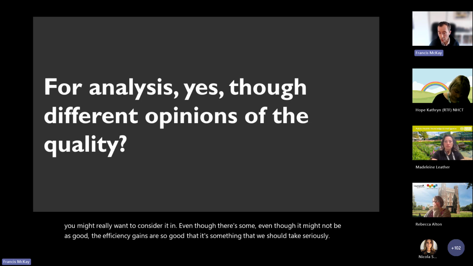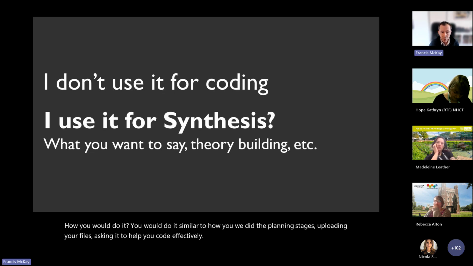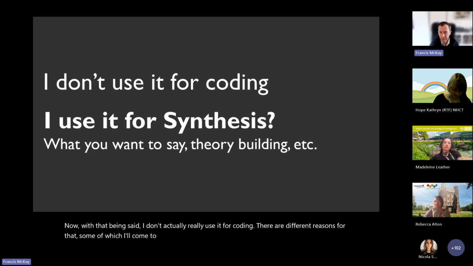So how you would do it, similar to how we did the planning stage, is uploading your files and asking it to help you code effectively. Now, that being said, I don't actually really use it for coding. There are different reasons for that, some of which I'll come to later. Really, I'm using it for the second moment of the analysis stage, what I would call synthesis.